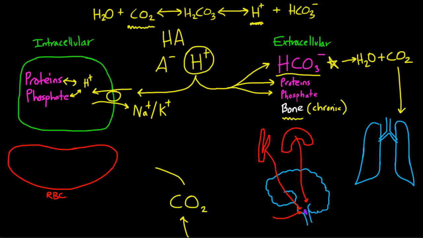One important way is actually intracellularly in red blood cells. CO2, remember, can diffuse across the membrane. Once it's inside a red blood cell, CO2 can undergo this exact reaction because there is carbonic anhydrase in red blood cells, and this will eventually produce hydrogen ion and bicarbonate.